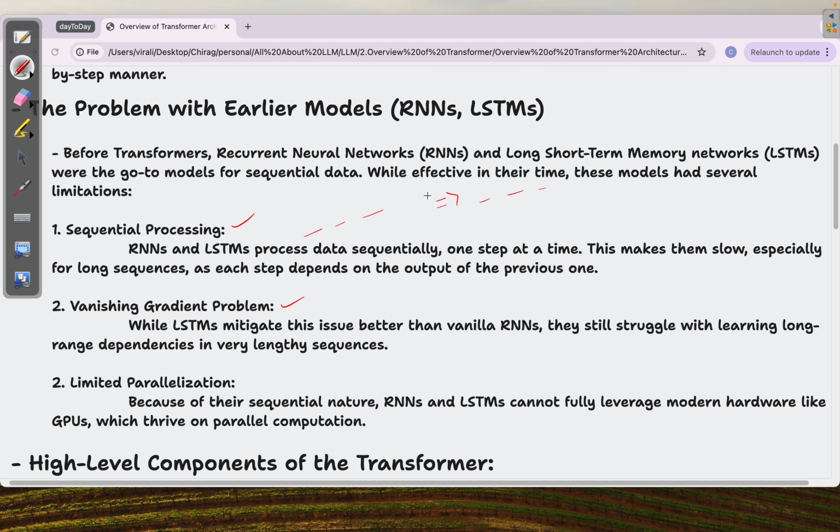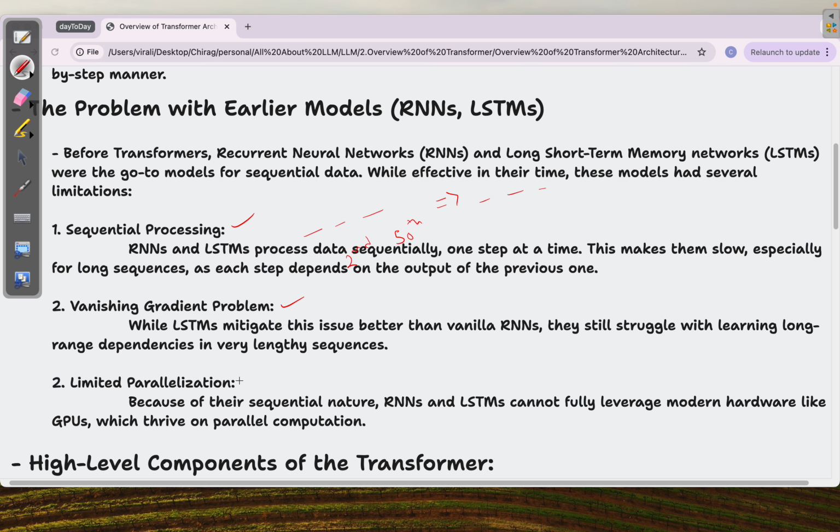It might be the case that the 50th word is dependent on the second word. To capture this relationship, it might not work well, because it faces issues when using a long sentence or long sequence length. That issue is also solved in the transformer architecture.